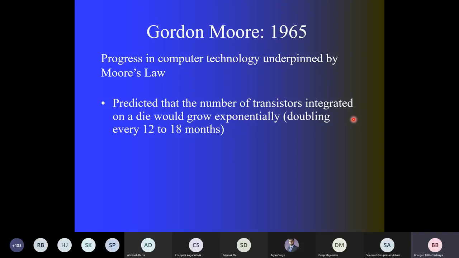Are you with me? Yes, sir. Okay. So this is the driving force of the semiconductor industry. This is an empirical law that the number of transistors, that means the technology you see today, after 1 or 2 years, the number of transistors that could be accommodated on the chip might be doubled.